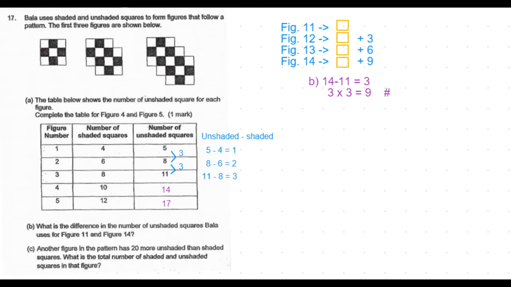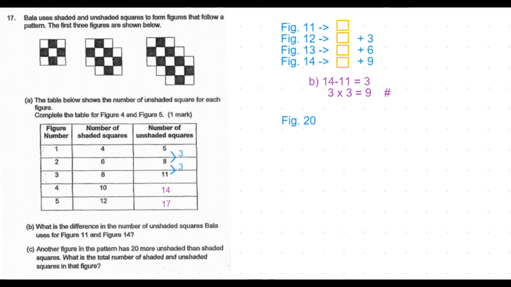Figure 2 has two more unshaded squares than the shaded squares. 8 minus 6 is 2. Figure 3 has 3 more unshaded squares than shaded squares. So in this way, which figure number would have 20 more unshaded squares than the shaded squares? Obviously figure 20.